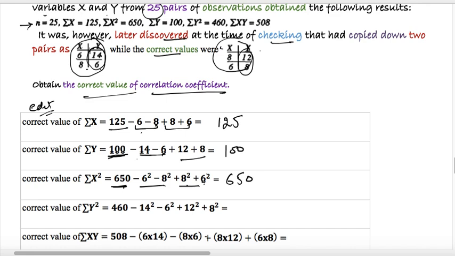Now for the correct value of y square, the previous value was 460, and when we simplify these values and subtract, we get an answer of 436.